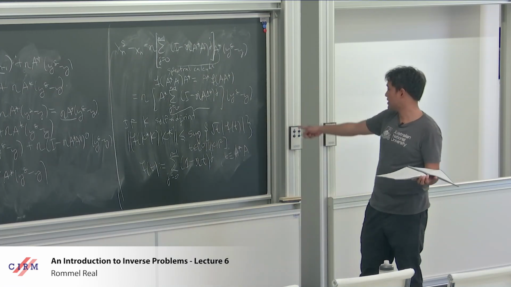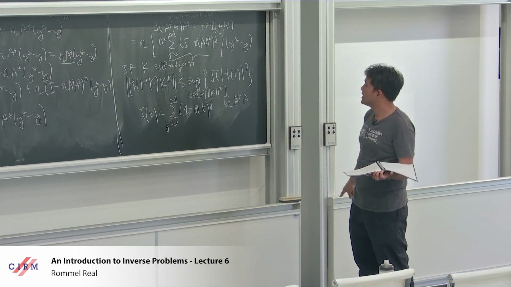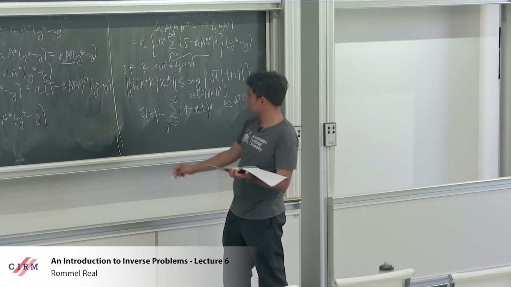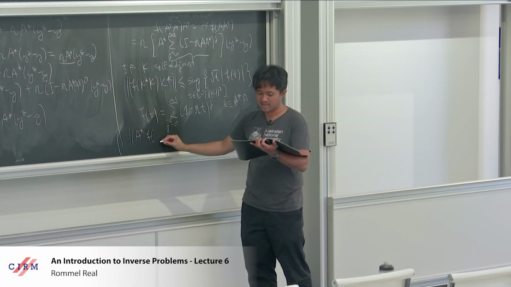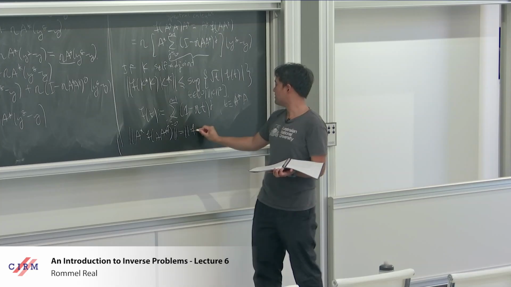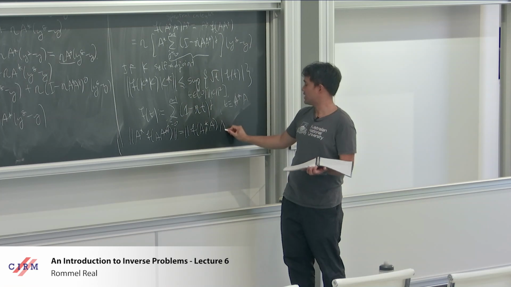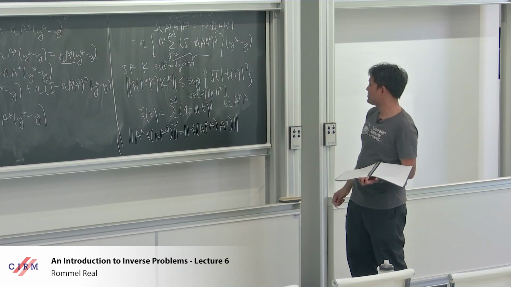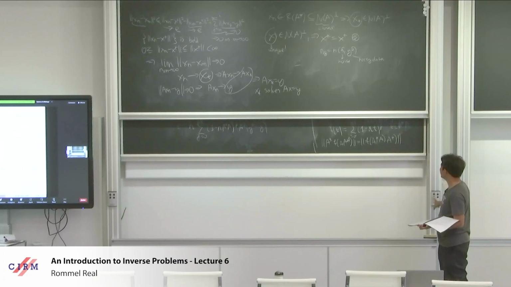And then by using this result over here, we can see that the norm of A star times f of A times A star is also equal to the norm of f of A star A times A star.